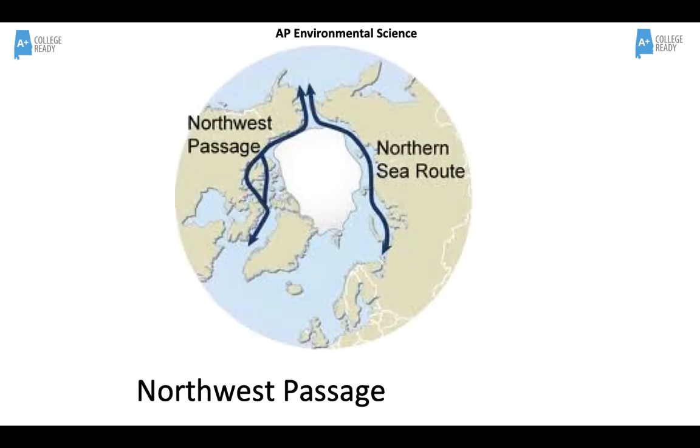This has actually some people seeing that as a good thing because this may open up a northwest passage instead of east-west. There's also a race now to claim the bottom of the ocean floor in the Arctic region for possible drilling for oil and natural gas, which of course would exacerbate the problem of CO2 emissions.